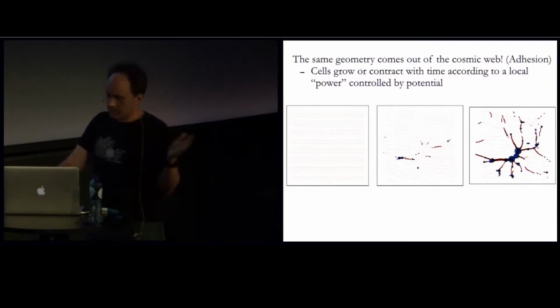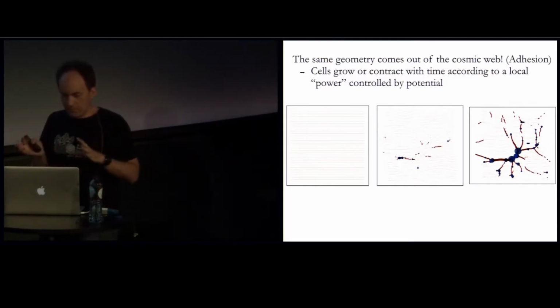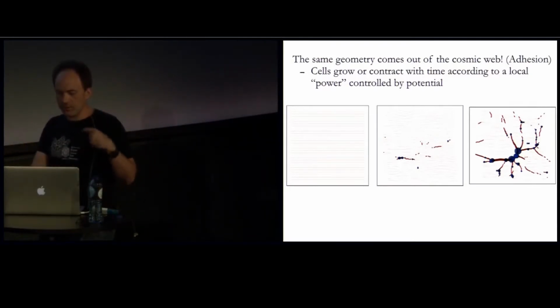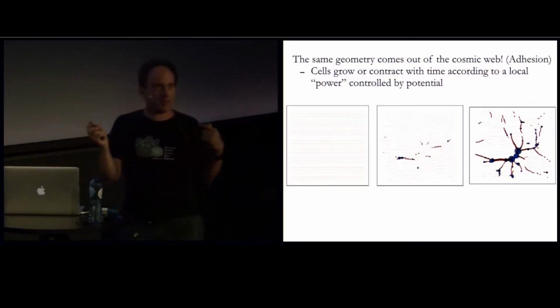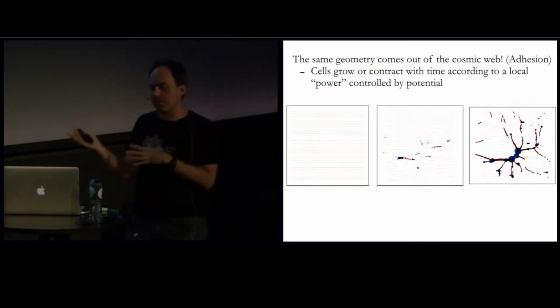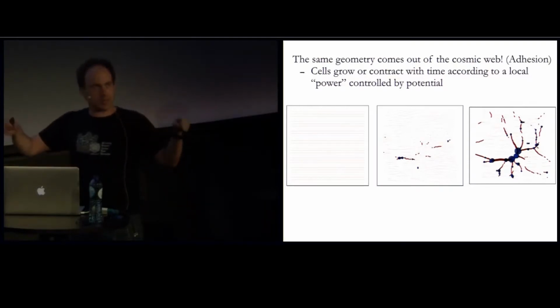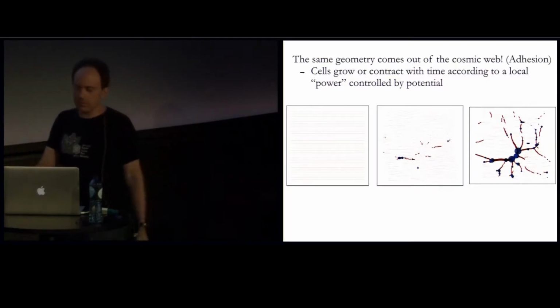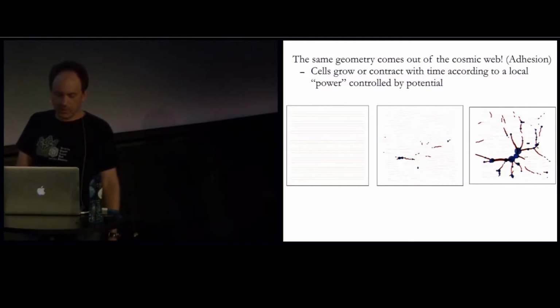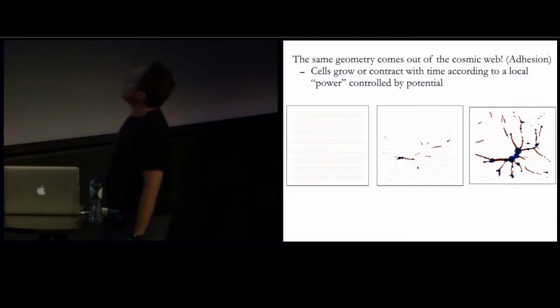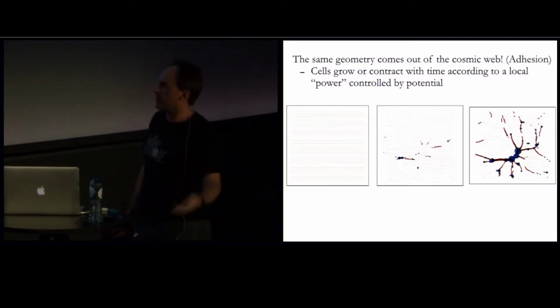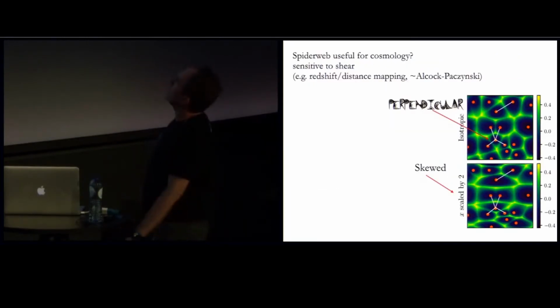The set of possible cosmic webs is the same as the set of truss works that can be made to be entirely in tension, which is pretty cool.